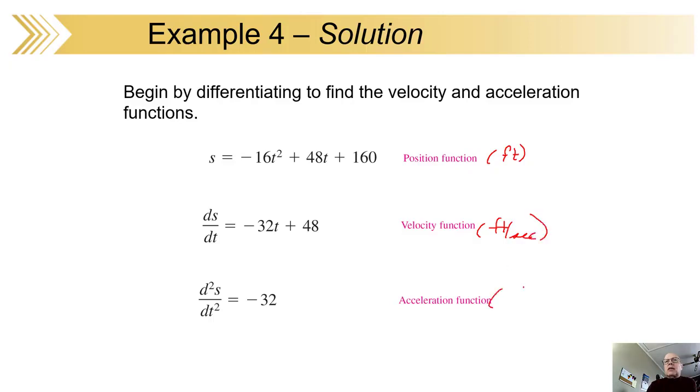And the third one is feet per second squared. Keep that in mind in case you have to answer a question about position, velocity, or acceleration. You need units that look like this. It could be miles, miles per second squared, miles per hour squared. There are lots of possibilities.